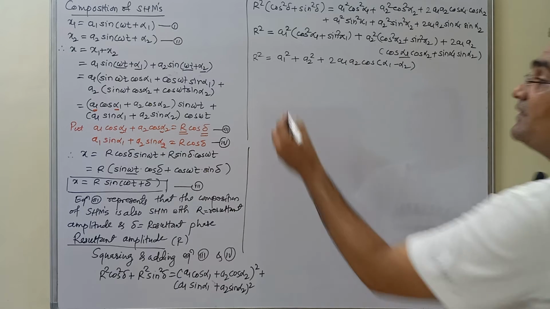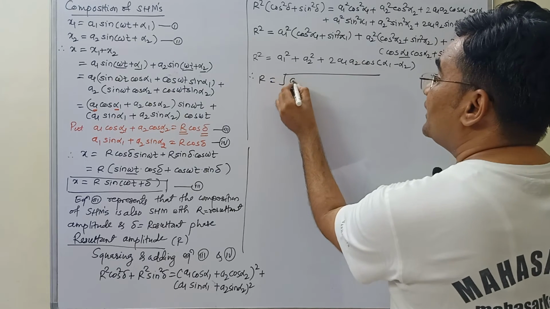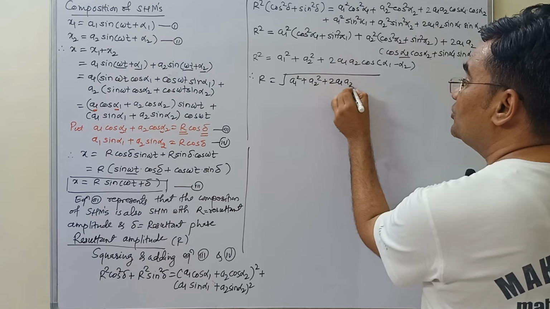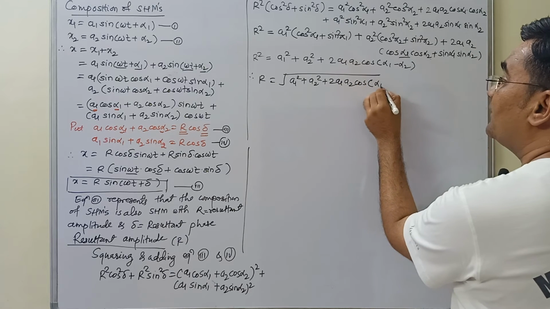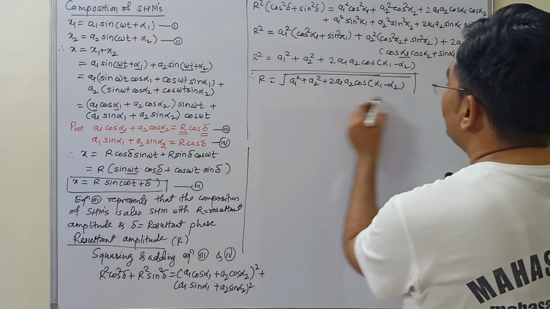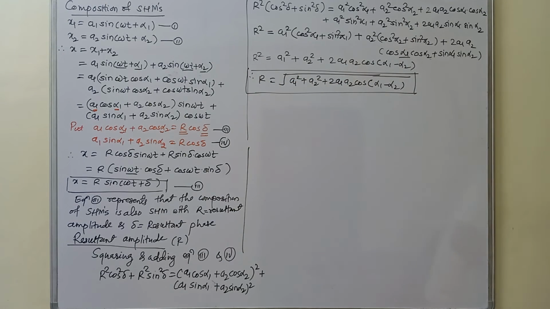So what is R equal to? Therefore R is equal to root of A1 square plus A2 square plus 2A1 A2 into cos alpha 1 minus alpha 2. This is the derivation for resultant amplitude of a particle performing composition of SHM, combination of SHM.